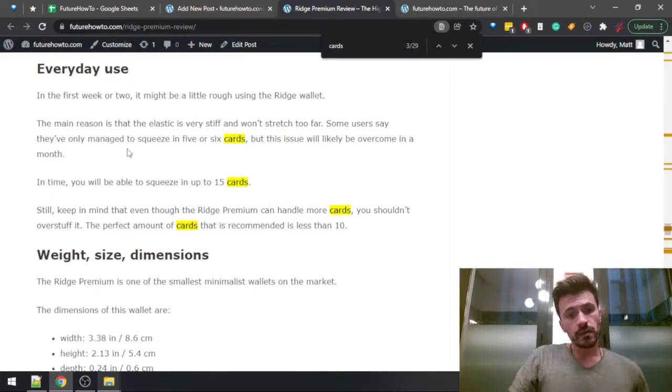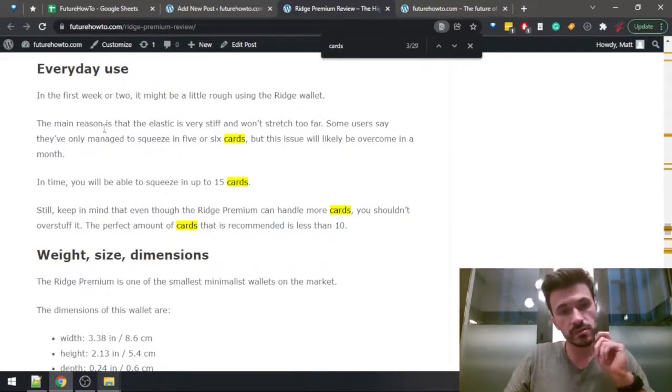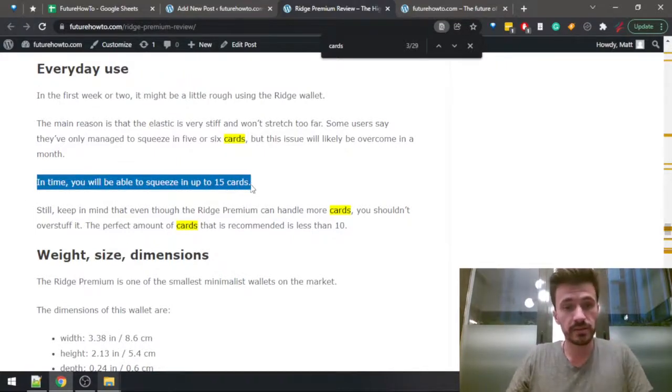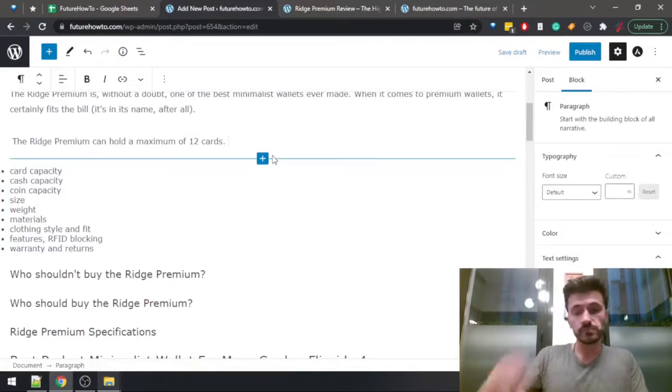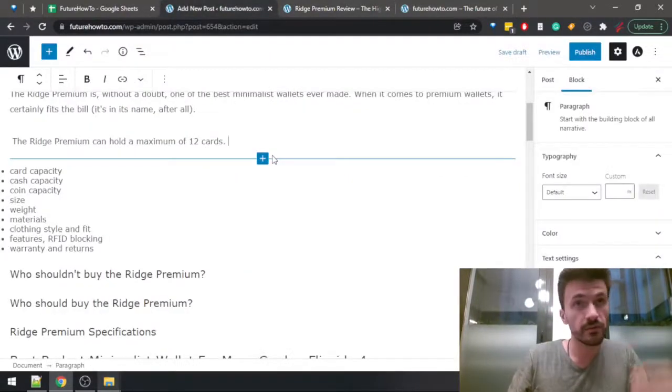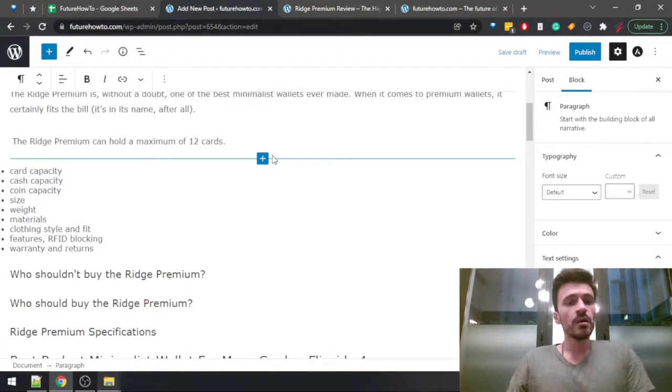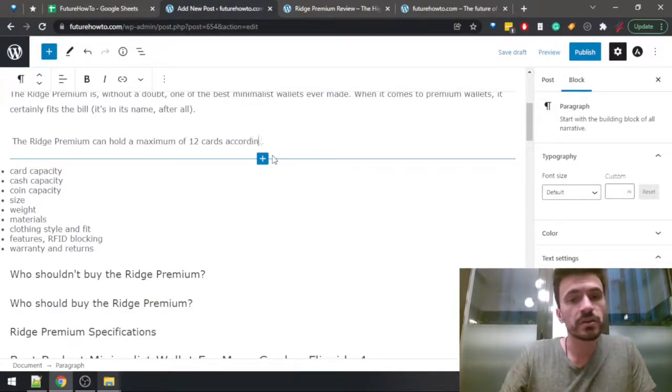So this is interesting. So as we can see, some users have even managed to put in 15 cards, although the perfect amount is 10. So I think the 12 is the max, the official recommendation from the company. So the Ridge Premium can hold a maximum of 12 cards according to the brand.